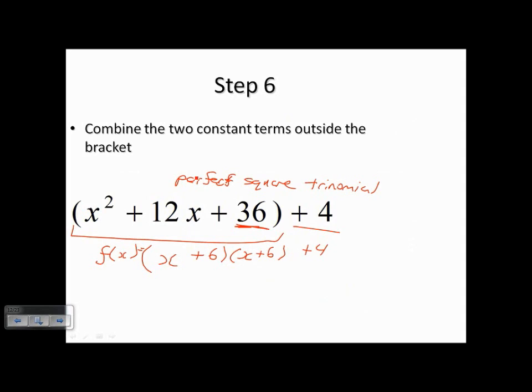I know that I want this to be in the form f of x equals, open bracket, x, that's my first term here. It's going to be a plus, that's what I have here. And I'm going to take this 36 and take the square root, 6, squared, and plus 4 remains. That's it. That's it in vertex form.